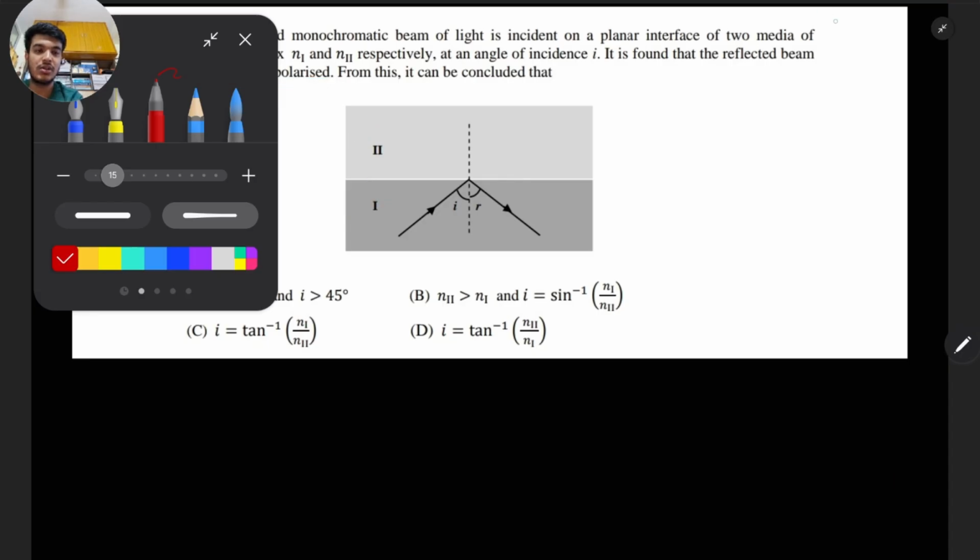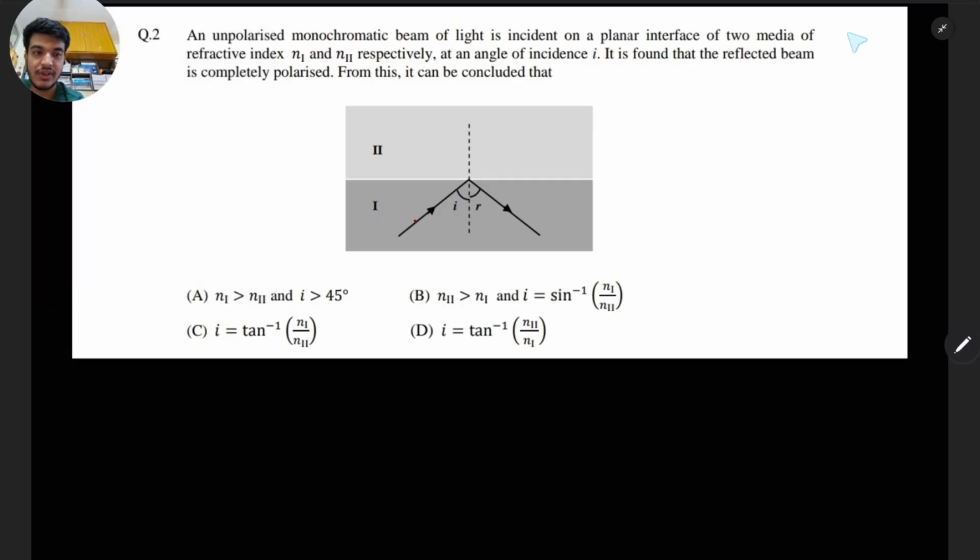So when I'm talking about unpolarized light, we all know that when this light is incident from the first medium, it's unpolarized, it's oscillating in all possible directions.